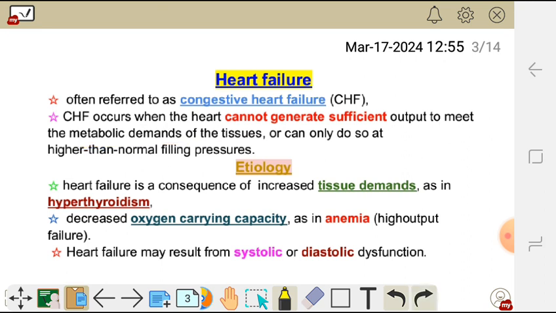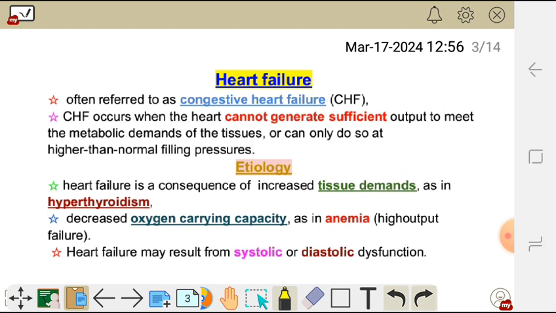So the oxygenated blood supplied to the tissues is not adequate, or if it does so, then it can only do that at a higher than normal filling pressure. That is what we call heart failure. The tissues are starving of oxygen.